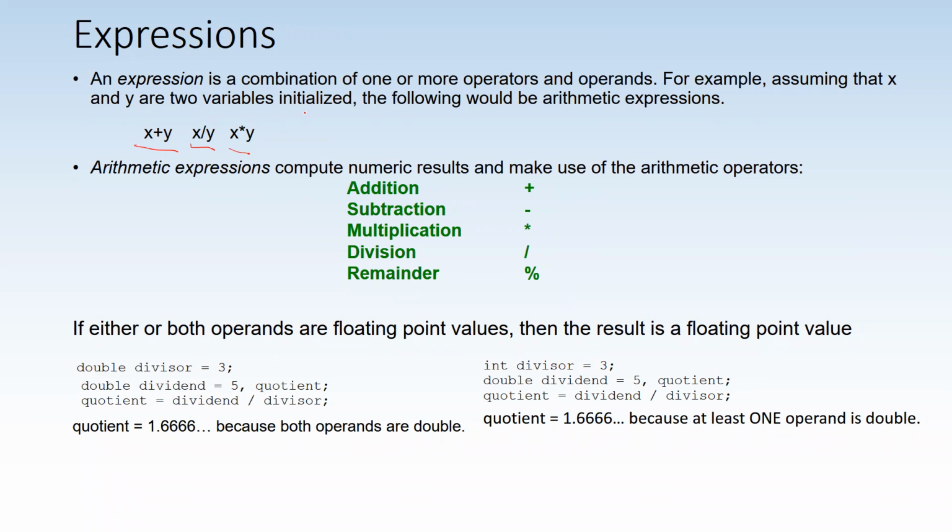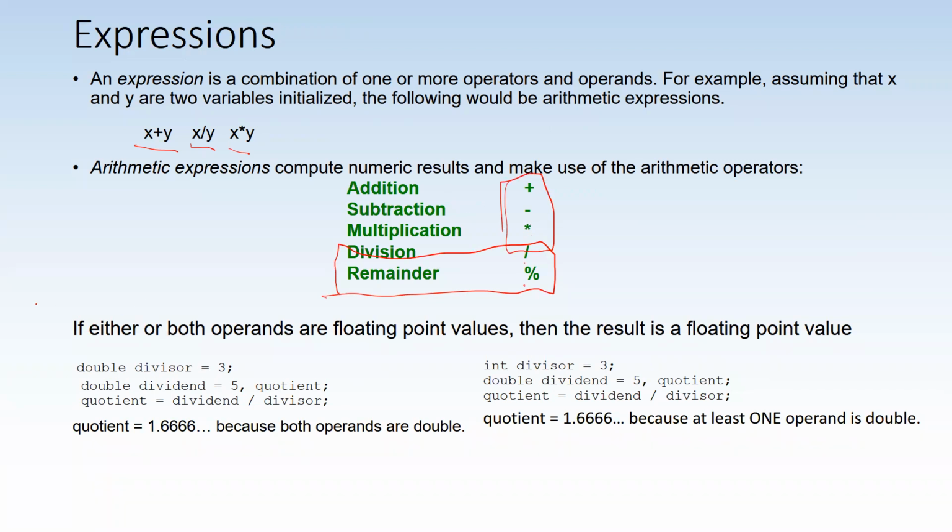We call these arithmetic expressions. They compute numeric results and make use of the arithmetic operators: addition, subtraction, multiplication, division, and remainder. These last two need more explanation, but these you understand very quickly.